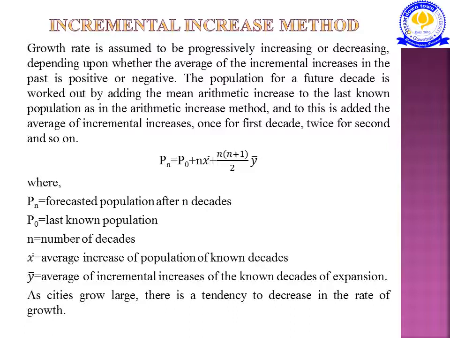And to this is added the average of incremental increases, once for the first decade, twice for the second, and so on. So this is the formula, and the notations are the same as for the previous arithmetic and geometric increase methods. As cities grow large, there is a tendency for the rate of growth to decrease. So this is all about the incremental increase method.